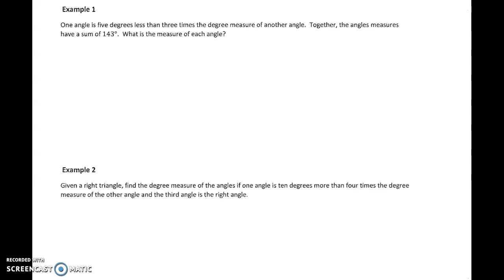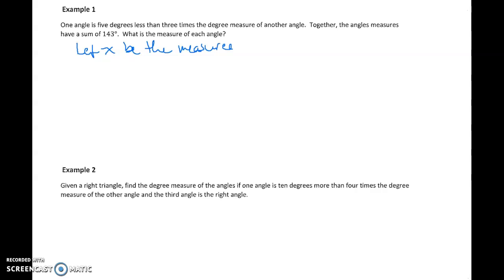Here's what I mean. We have one angle and another angle, and together. So that sounds like we have two angles. So I am going to let, this should look familiar, x be the measure of the first angle. Sorry, this is sloppy.